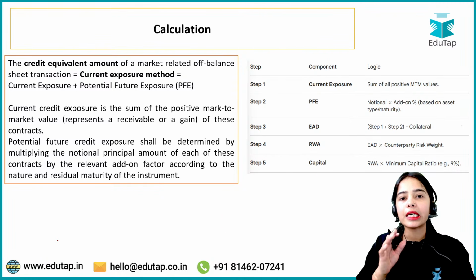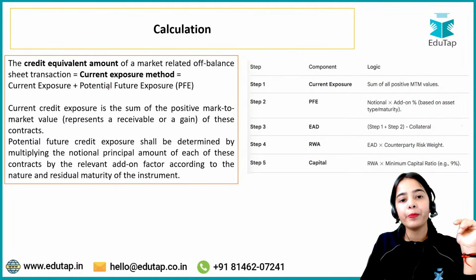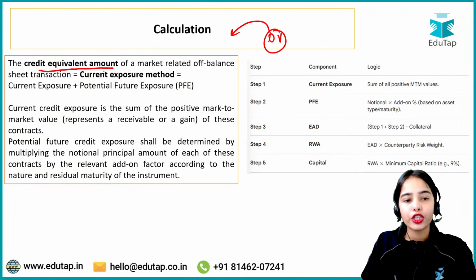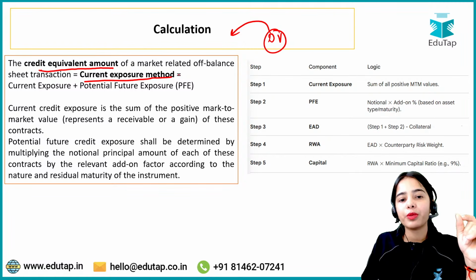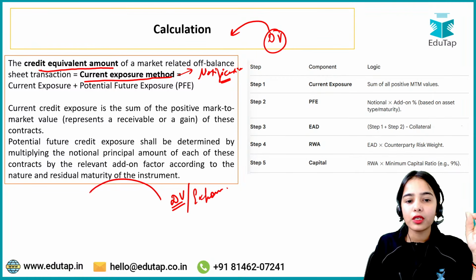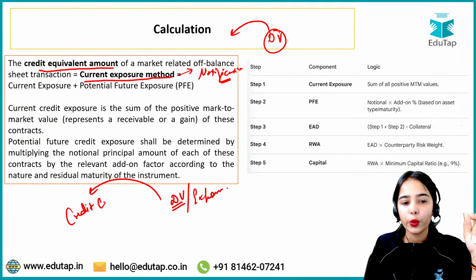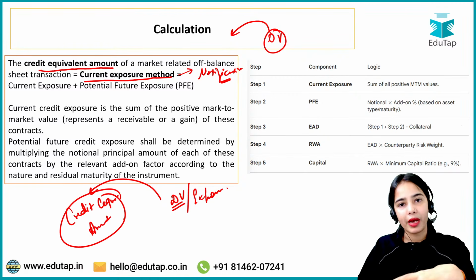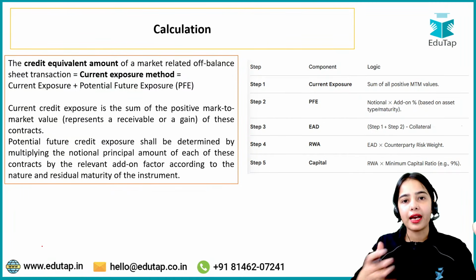So because there is uncertain exposure, that's why the derivative contracts or the derivative value has to be converted into the credit equivalent amount through the current exposure method that has been given in the notification that the RBI has recently released, that the derivative exposure has to be converted into credit equivalent amount so that we can know the actual exposure that the bank has to the other bank, or a party has to the other party.